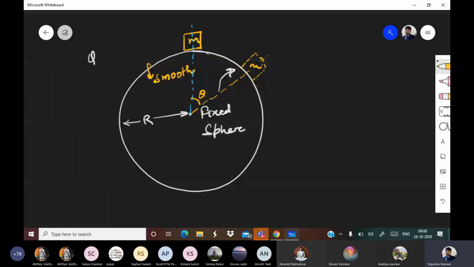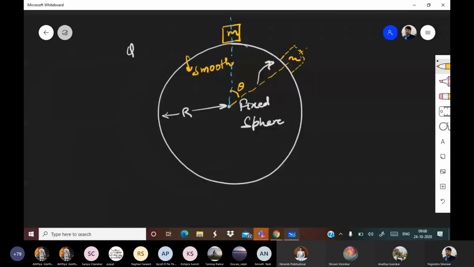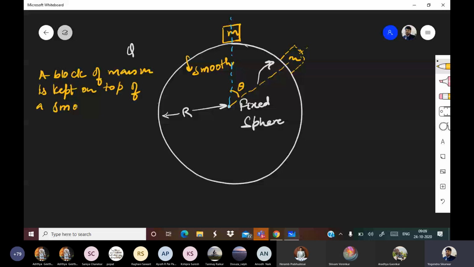So I am writing the question. A block will be much better than an object.